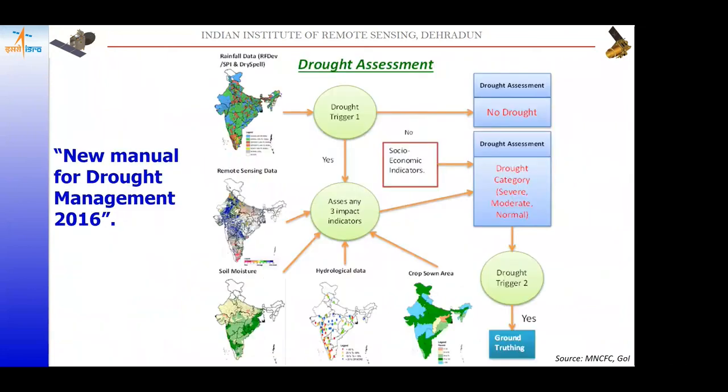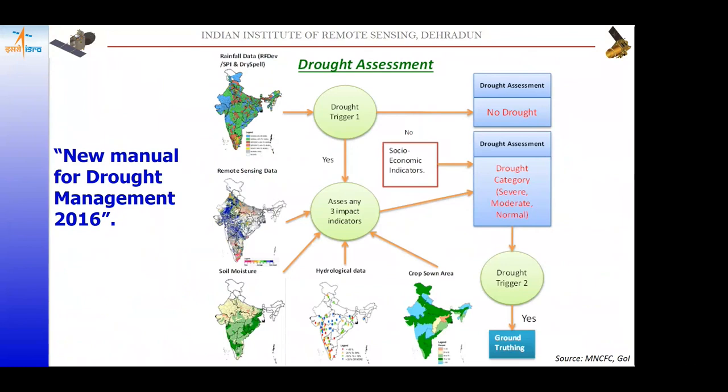In the same context, they already published a drought manual, named the Manual for Drought Management 2016, for drought assessment, where specific criteria and categorization are defined in terms of trigger 1, trigger 2, and ultimately the situation on the ground, and their classification, like severe drought, moderate drought, normal situation, based on information from the impact indicators.